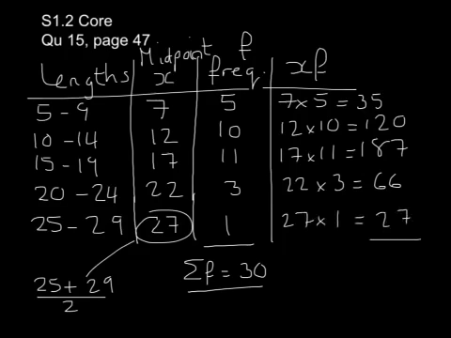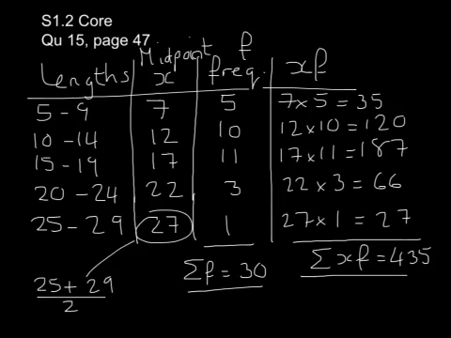And just as we did before, we also need to work out what the sum of this XF column is. So when we add all of those together, we get 435. So I'm adding together 35, 120, 187, 66 and 27 to make 435.